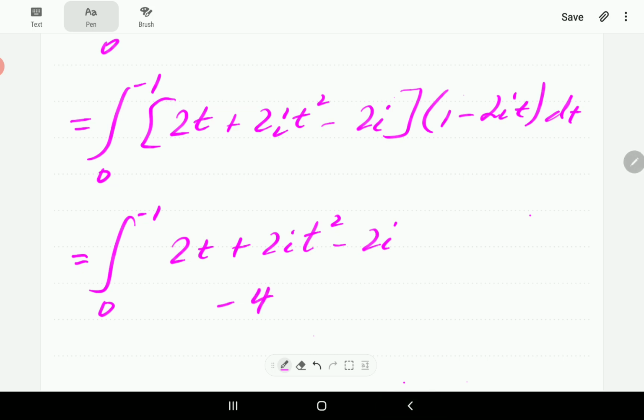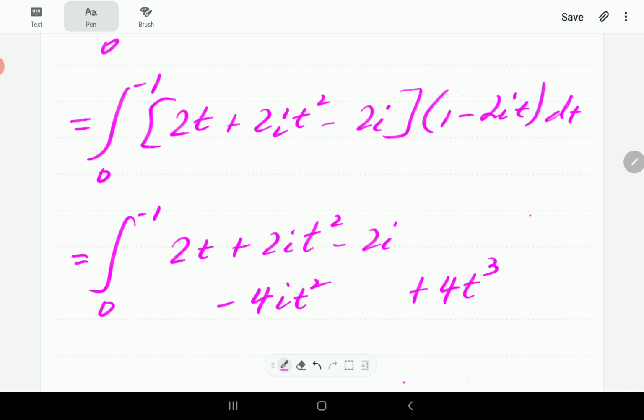So I'm going to write that one under this term here because it is a like term. Then negative 2it times 2it squared is going to be plus 4t cubed.